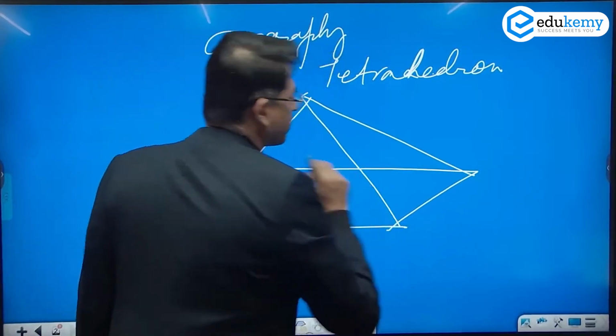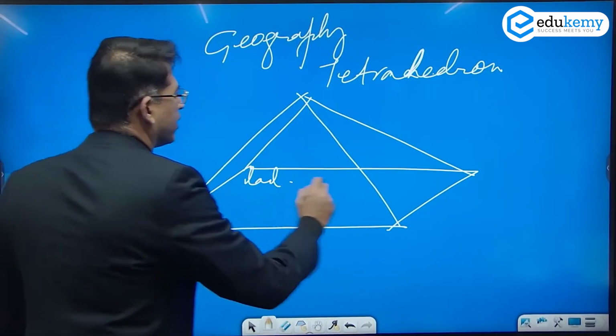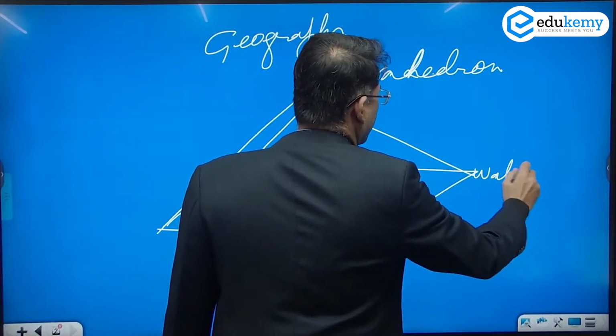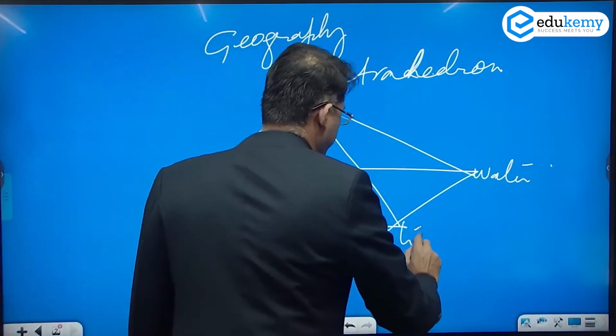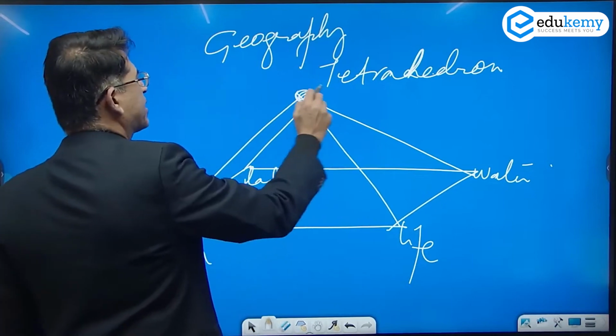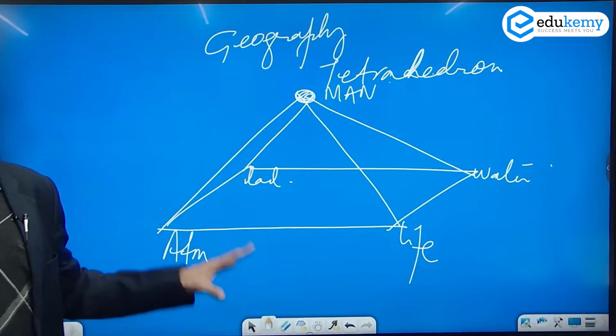Think of a pyramid. The base of the pyramid is land, water, atmosphere and life. And at the apex we have man. This is the scope of geography.